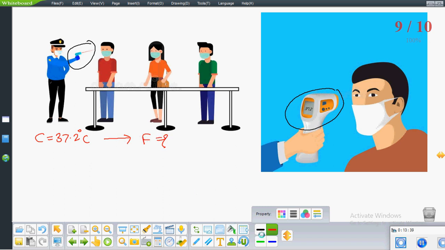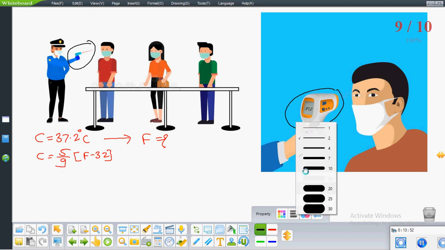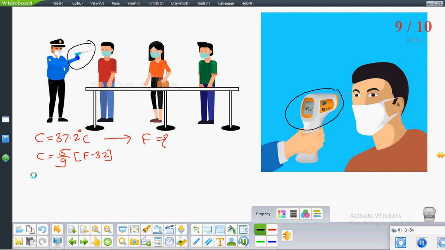We know the formula C equals 5 by 9 multiplied by F minus 32. So C is here 37.2, divided by 5 multiplied by 9 equals F minus 32.